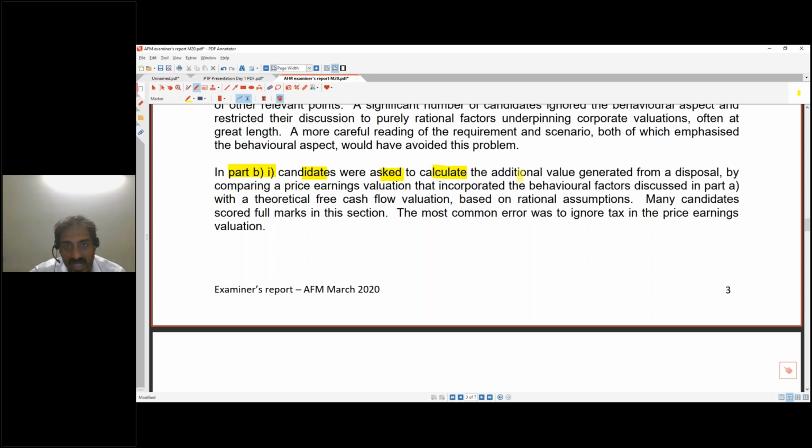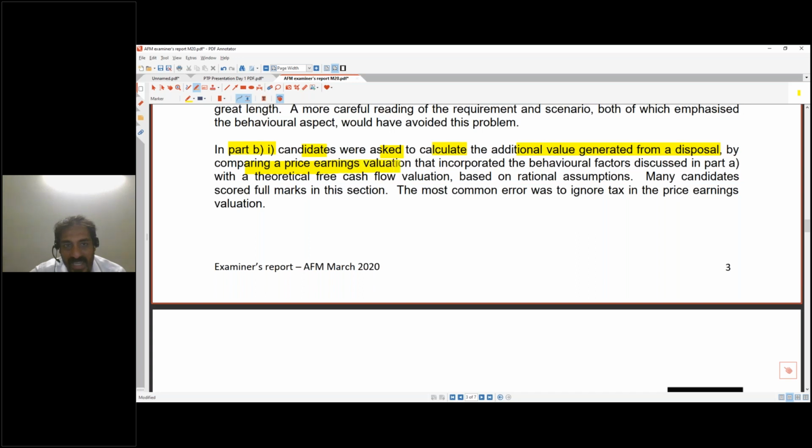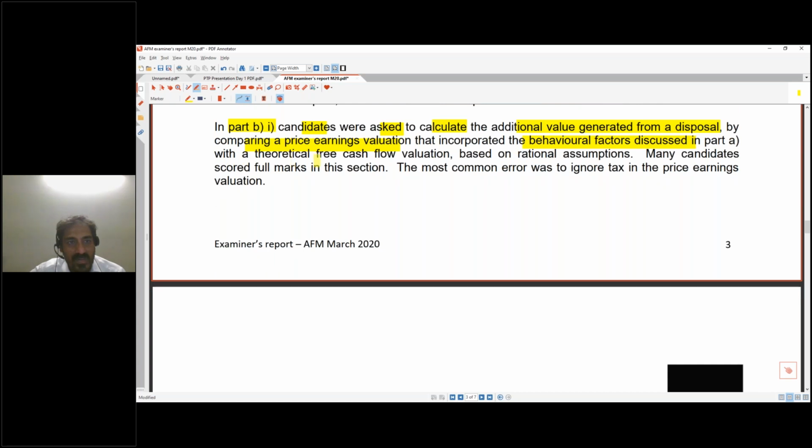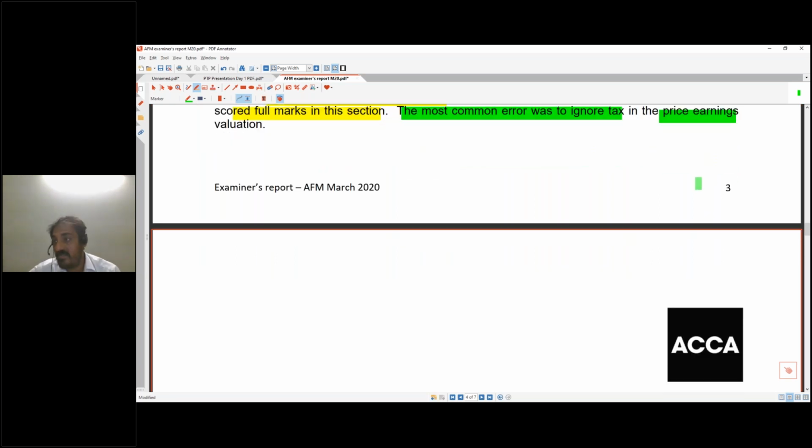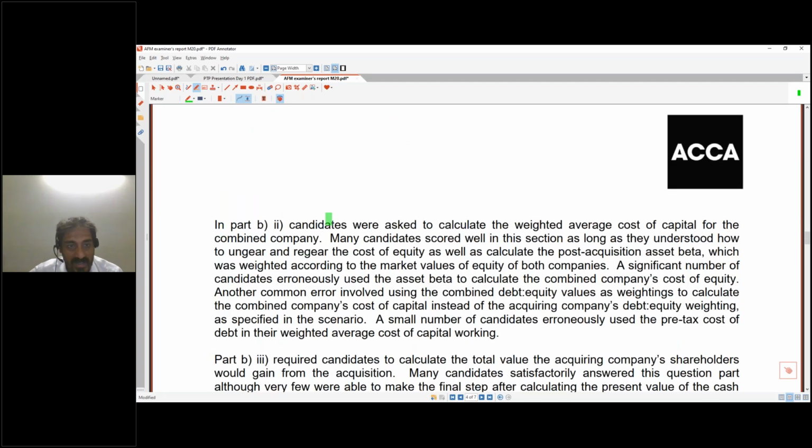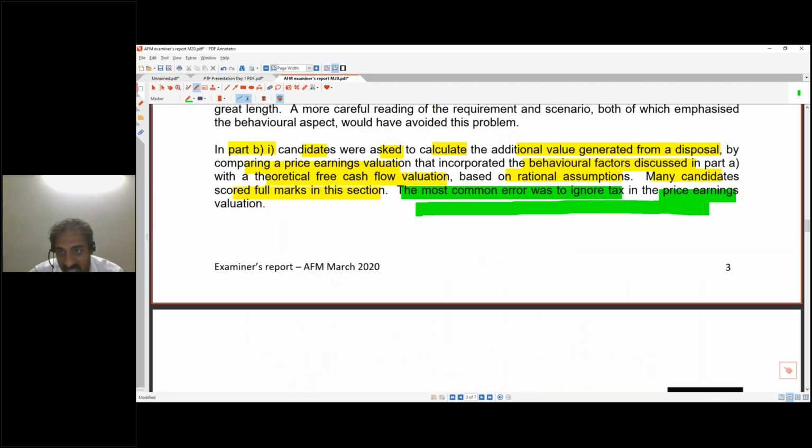Candidates were asked to calculate the additional value generated by disposal by comparing PE valuation, incorporating rational assumptions, with the theoretical free cash flow valuation. Many candidates scored full marks in this section. Now, this is the important point. The most common error was ignoring tax in the PE. That's a key point you have to bear in mind. That is the key point.